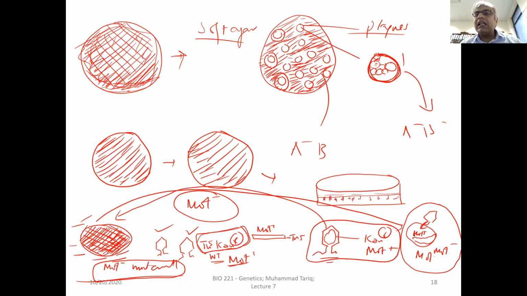So what we have done, millions of bacteria which are mot minus, only the ones which will get transduced with the phage which carry TN5 next to motility gene, only that bacteria will move and come on surface and will start growing there on the surface of the plate.